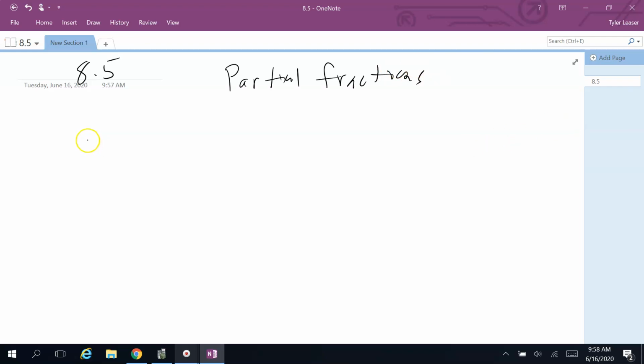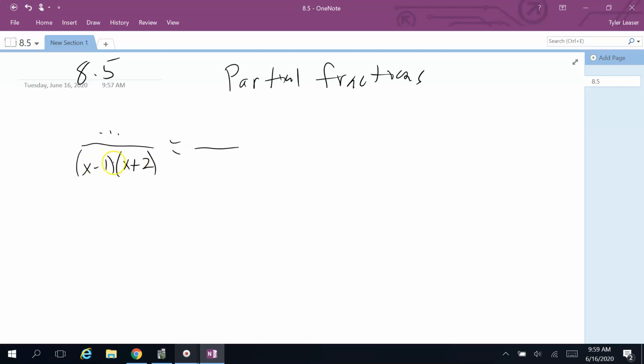So the way it works, it doesn't really matter what the numerator is. It could be anything. It's all about the denominator. If your denominator, let's say, had these linear terms in it, so maybe x minus 1 and x plus 2, both of these are to the 1 power, partial fraction decomposition is that we want to take this combined fraction and split it up.